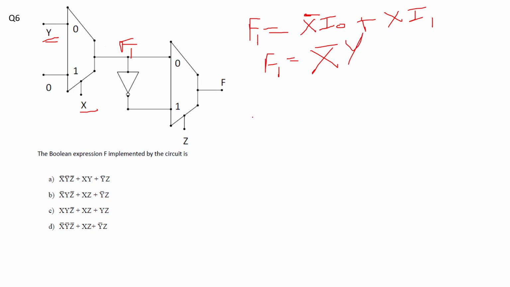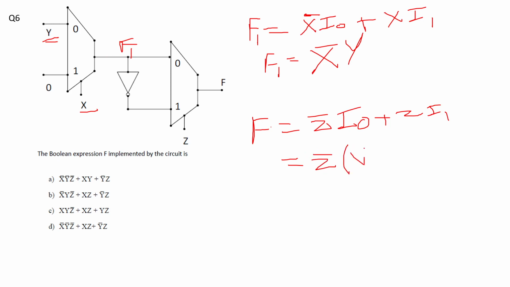Now going towards the second 2:1 mux, F will simply be equal to z' I0 of this mux plus z I1 of this mux. So z' I0 is F1, and F1 is x' y, and z times I1 is F1 complement. So F1 complement is x' y whole complement, right?